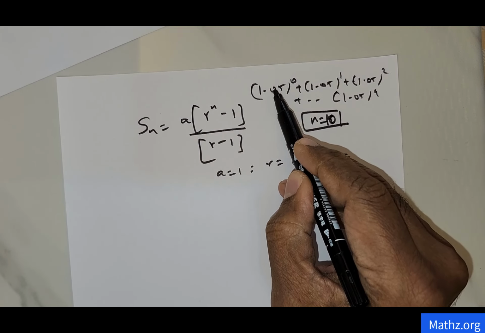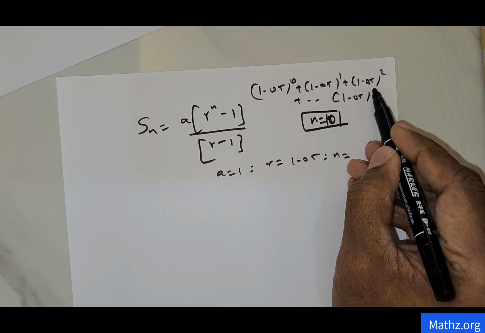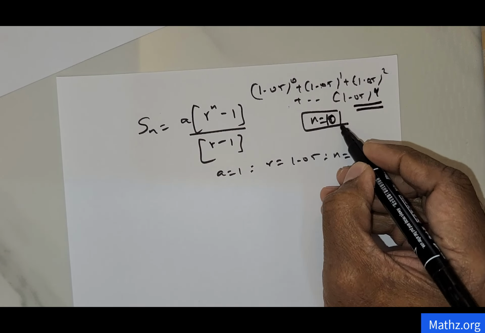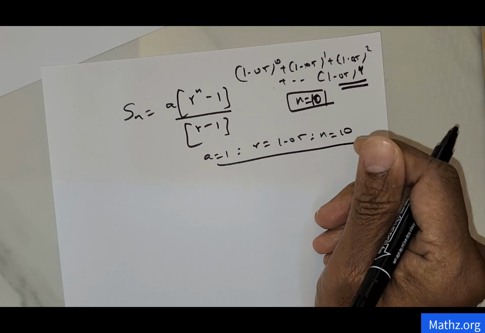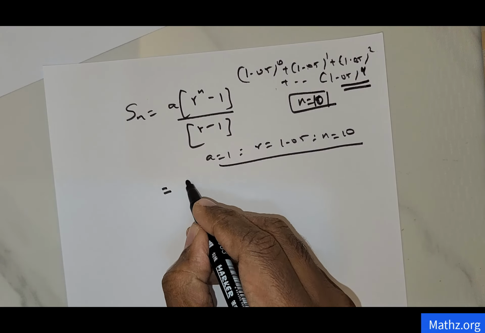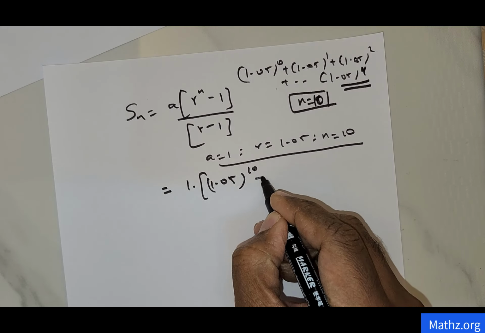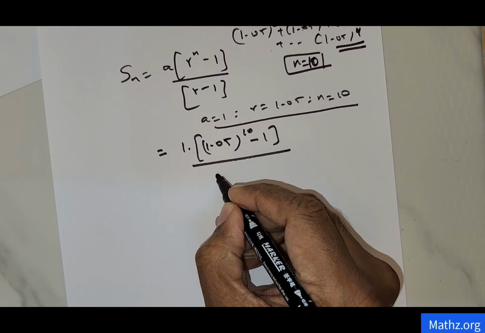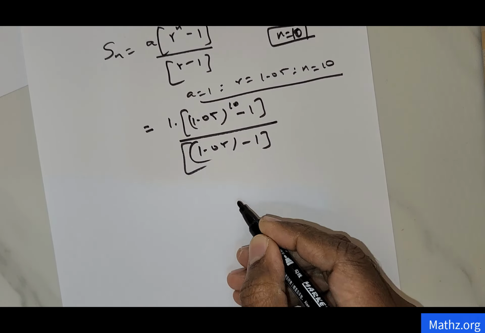Right? You have to count the terms 1, 2, 3, 4, 5 and so on, all the way up to the last term. So that means n will be equal to 10 there. So taking n is equal to 10, we have to utilize this formula: 1 times 1.05 raised to the power of 10 minus 1, divided by 1.05 minus 1.